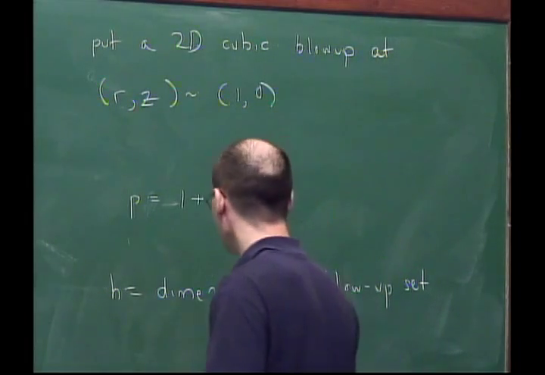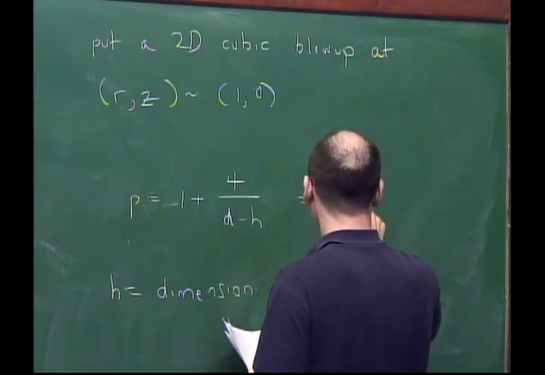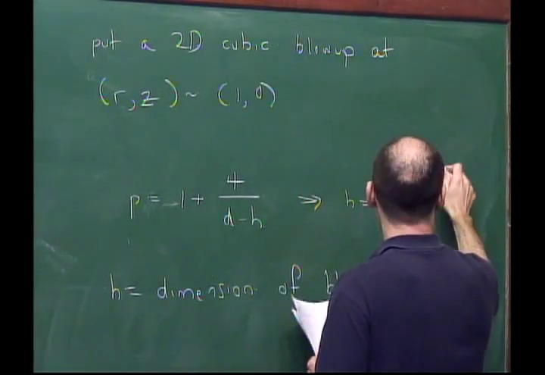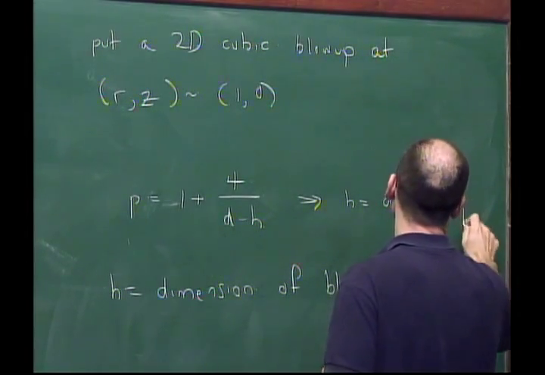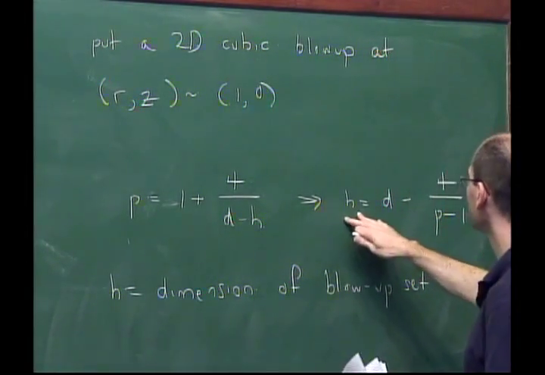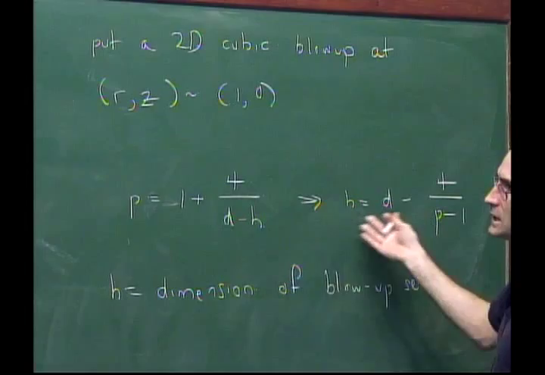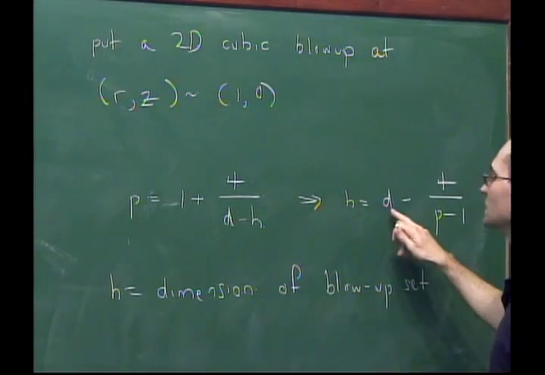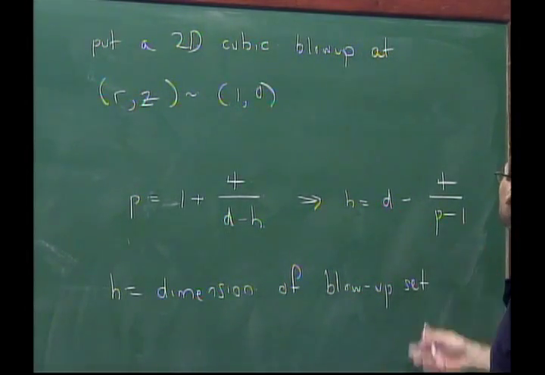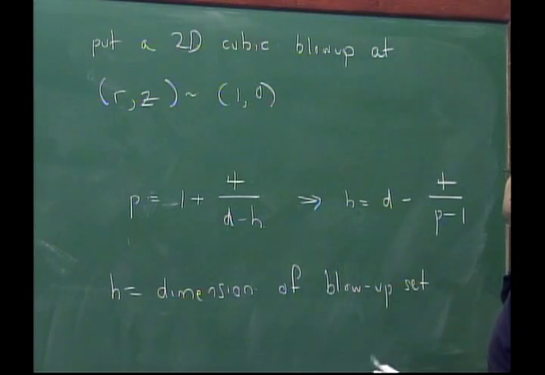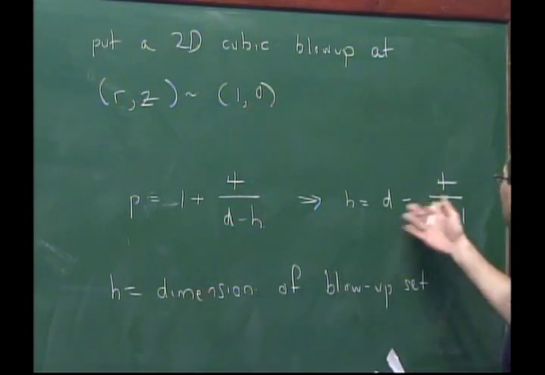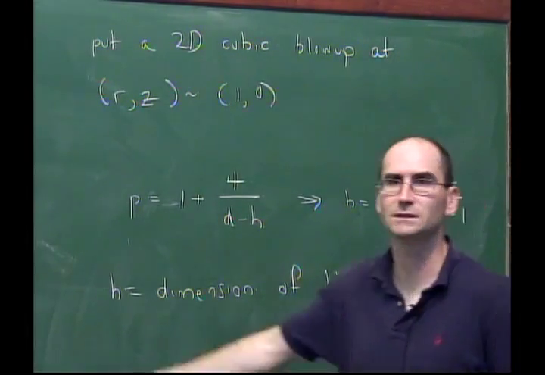And so we're getting a situation where h equals d minus 4 over p minus 1, the dimension of the blow-up set. For example, when d is equal to 3 and p equals 3, we're getting a one-dimensional example in the cylindrical coordinate set.